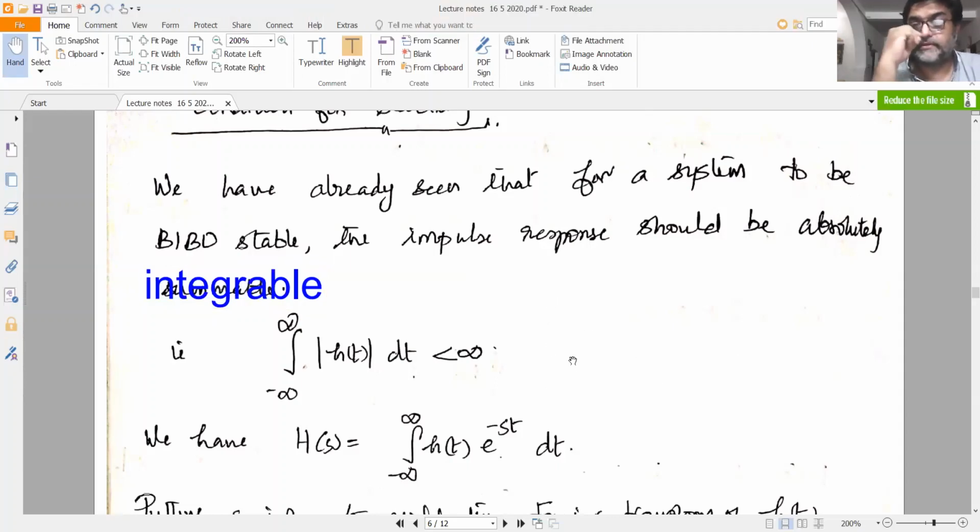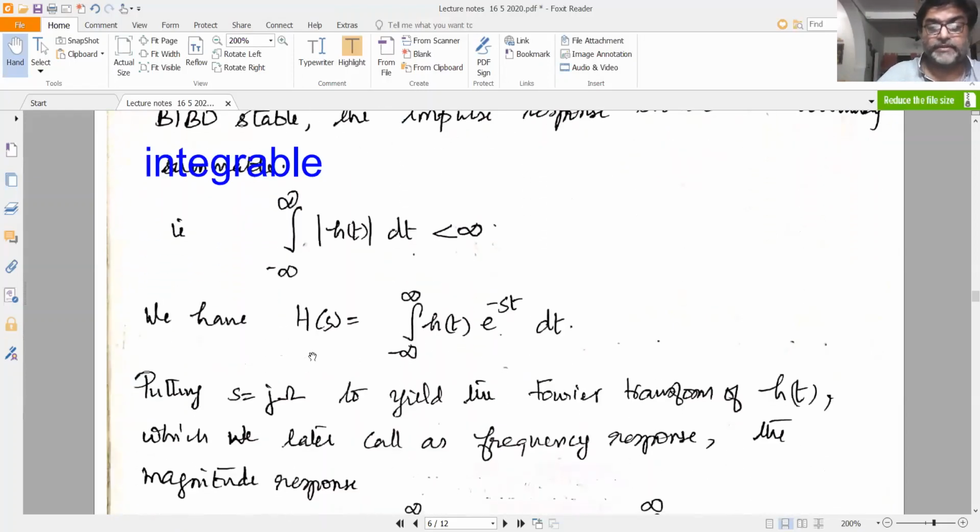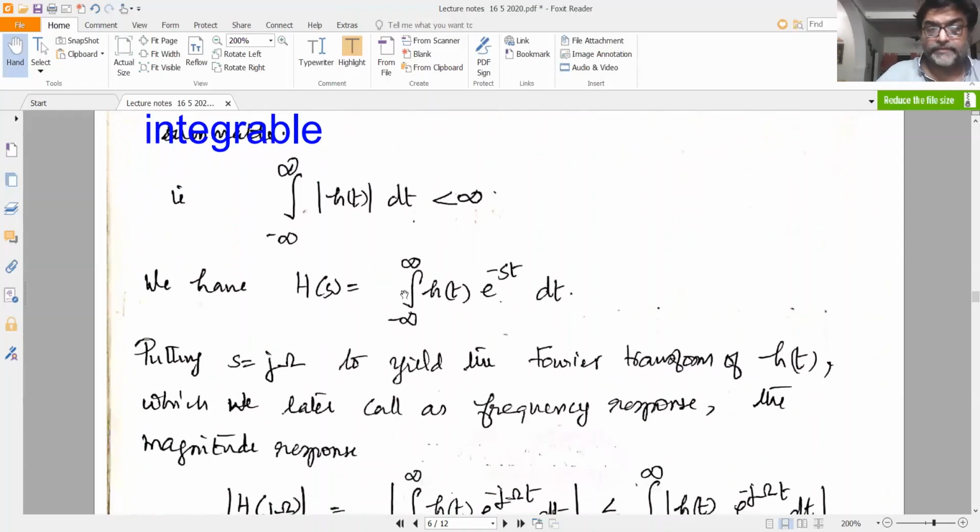So this is something that we have already seen in the first module and in the second module. So you know that the Laplace transform of the impulse response can be written as H(s) equal to the integral from minus infinity to plus infinity of h(t) e raised to minus st dt. So that's your system function.